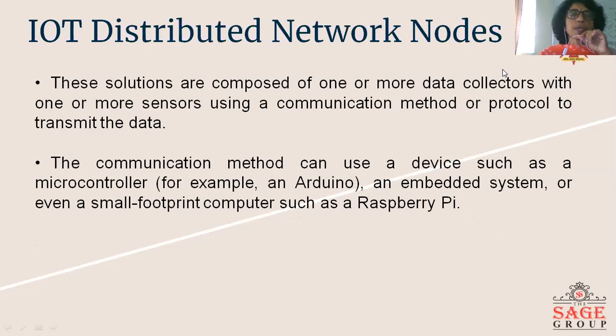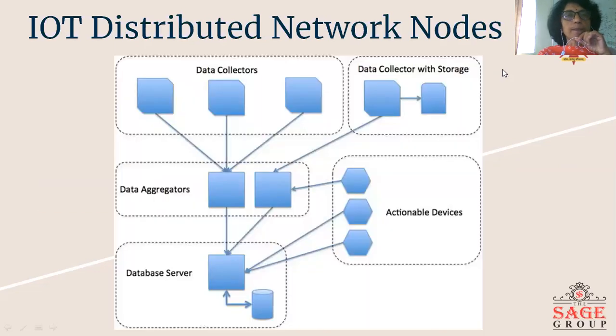IoT distributed network node. These solutions are composed of one or more data collectors with one or more sensors using a communication method or protocol to transmit the data. The communication method can use a device such as a microcontroller, an embedded system, or even a small footprint computer such as Raspberry Pi.